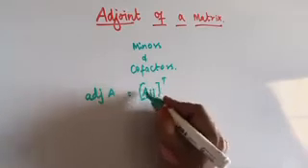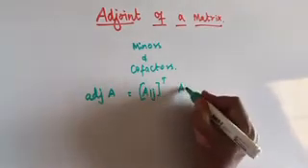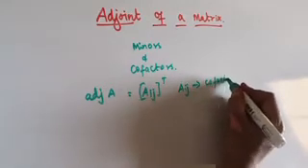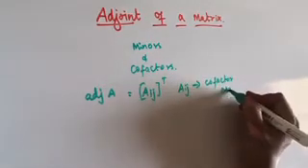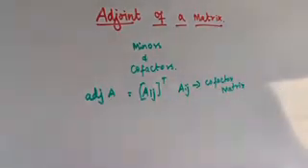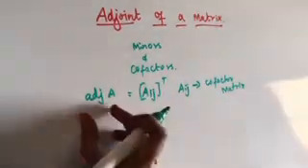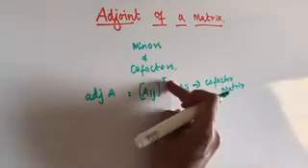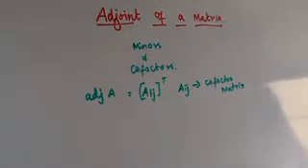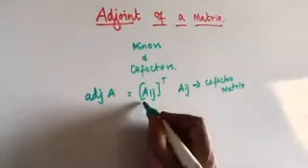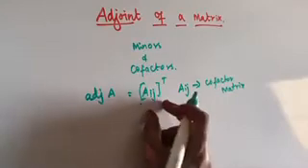You know what Aij is? Aij is the general form of the cofactor matrix. So the transpose of a cofactor matrix is the adjoint of a matrix. To find the adjoint of a matrix, first we have to find the cofactor matrix, then transpose it.